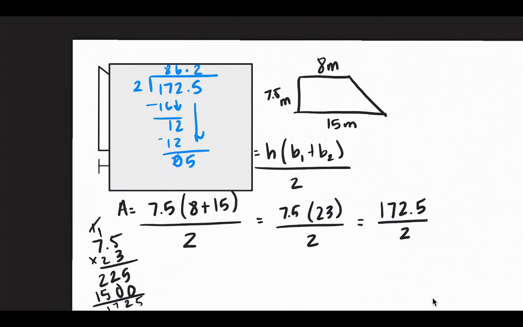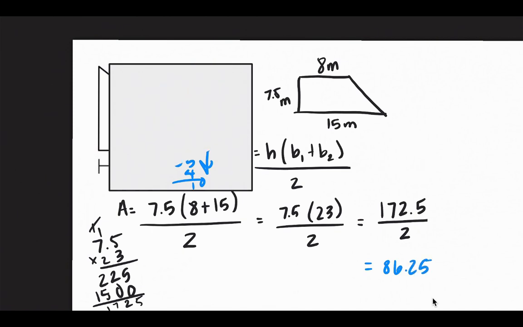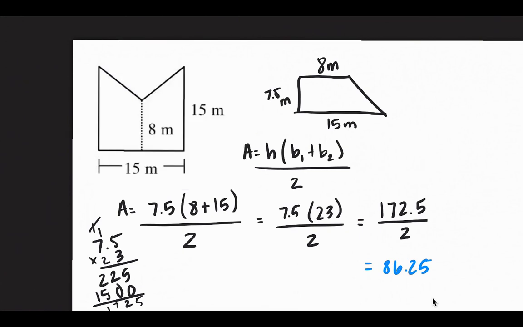That goes in twice with 1 remaining. Annex a 0, and it'll go in and make 86 and 25 hundredths. Okay, so that's what one trapezoid would be. So if I were to write that, that'd be 86 and 25 hundredths, and then this one would be 86 and 25 hundredths. We add those together, we would still end up with 172.5 meters squared.